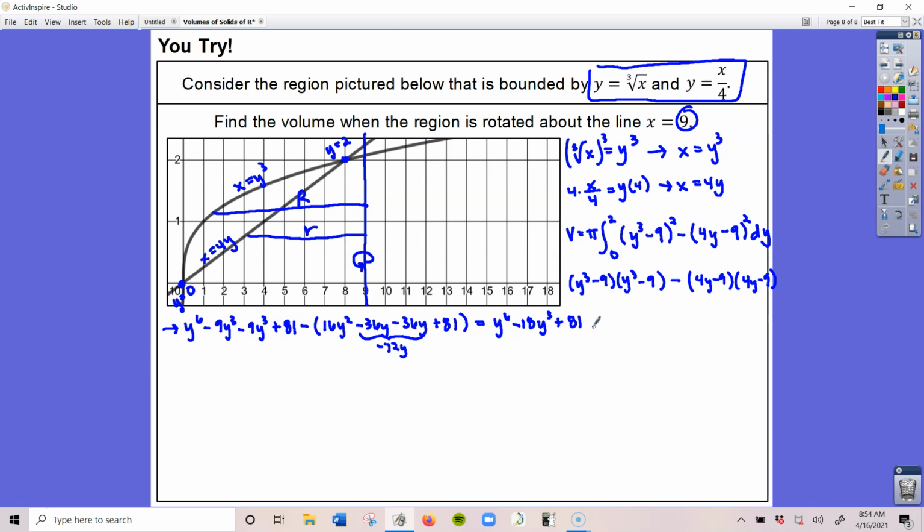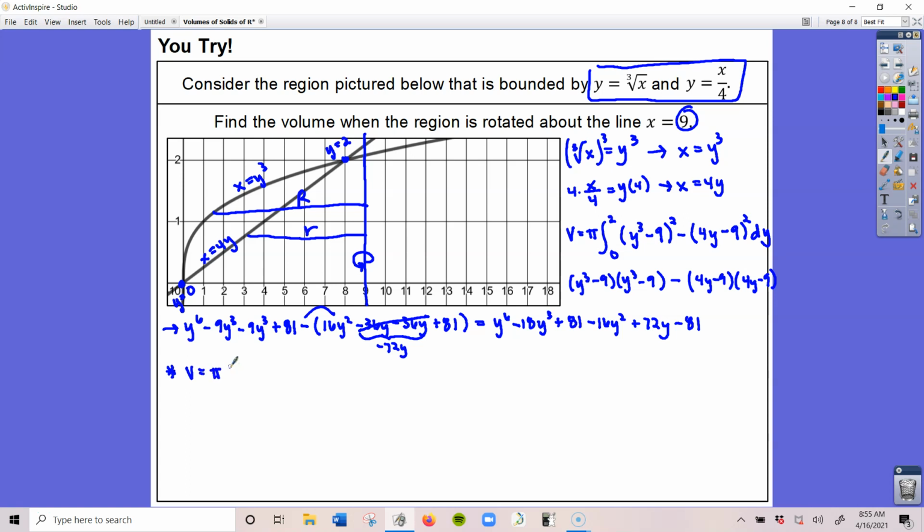So I'm going to distribute the negative now. It will be minus 16y squared, minus negative 72y will be plus 72y, minus 81. So now when I combine like terms, that's what I would end up integrating. So let's write out our equation for volume.